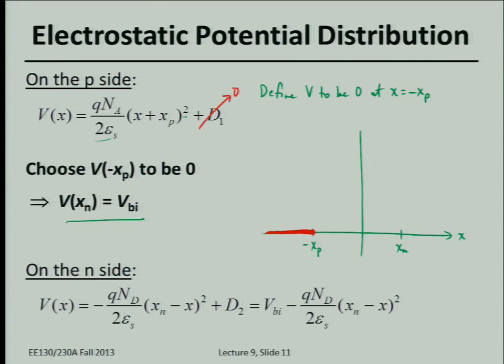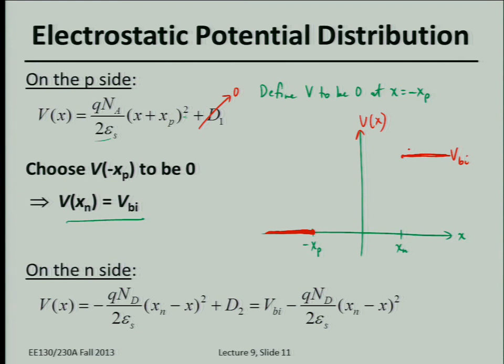So then you have the simple equation for the electrostatic potential as a function of distance. The other boundary condition we want to set is that we reach the built-in potential at the edge of the depletion region. We know the total voltage dropped in equilibrium across the depletion region is the built-in potential, so it has to go from 0 to V sub BI across the depletion region.